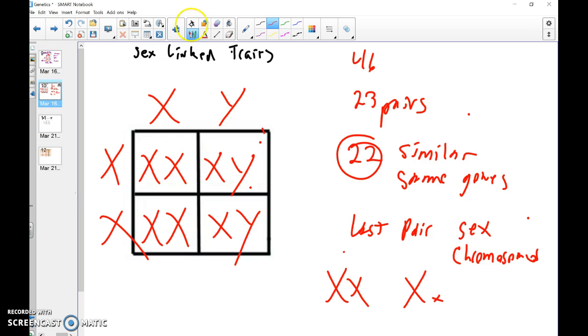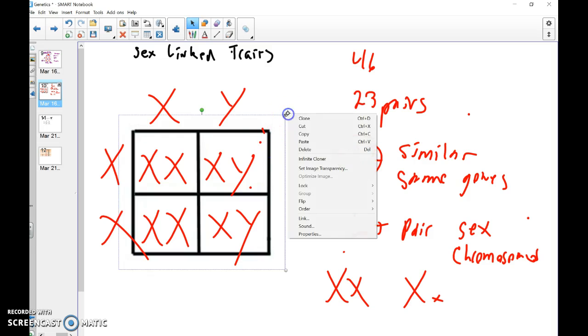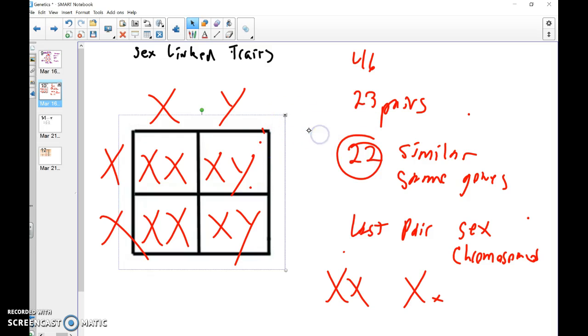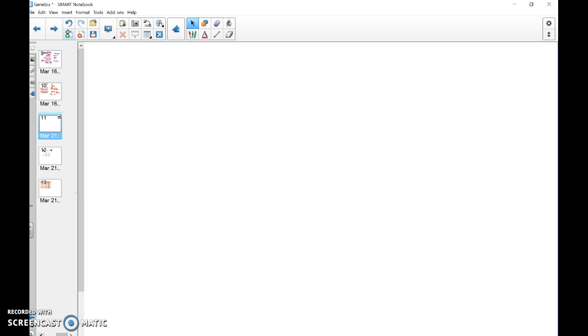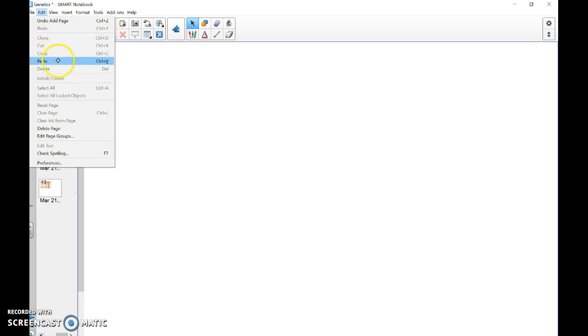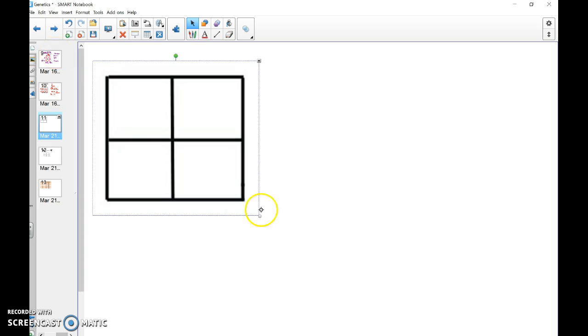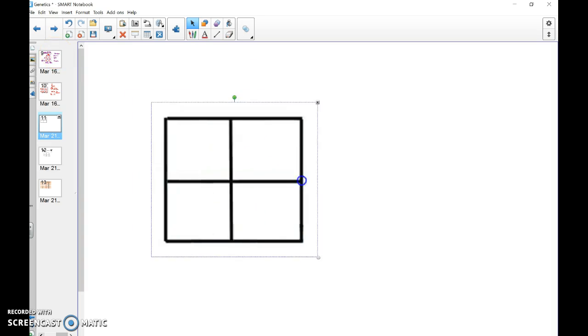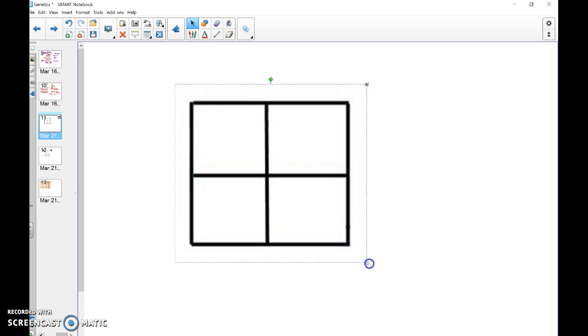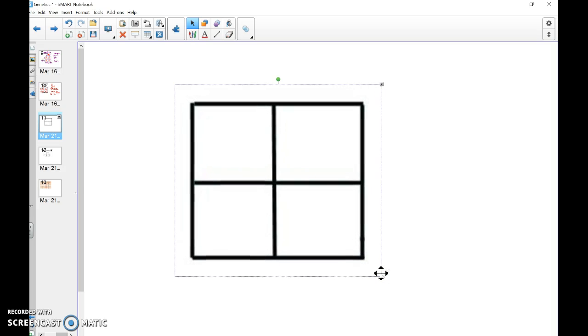The thing about this, though, is that when it comes to traits, you have some genes on your sex chromosomes that are related to something other than just whether you're male or female. And so that can create some interesting dynamics when it comes to how those traits are passed on.